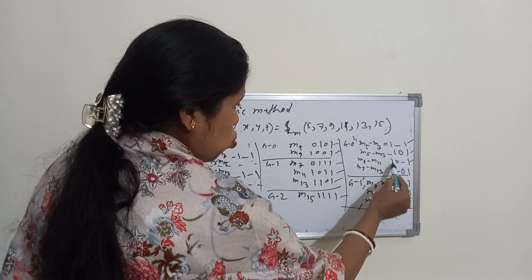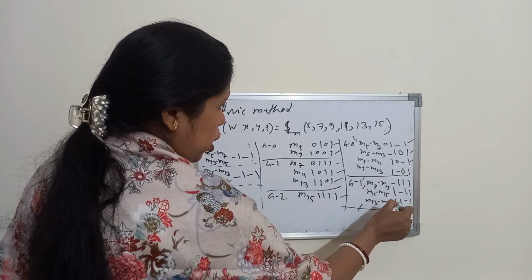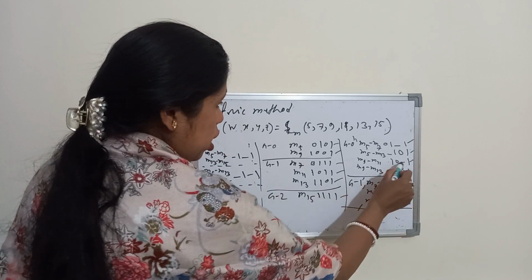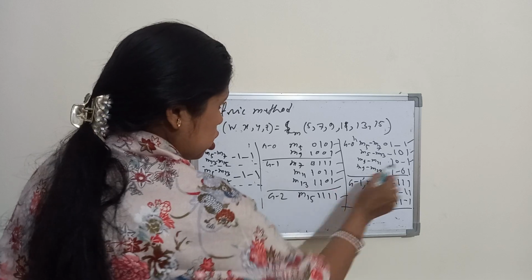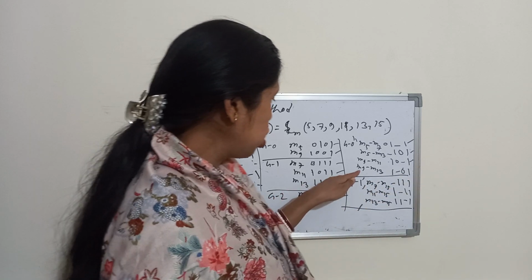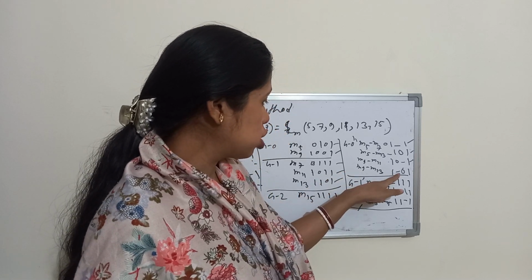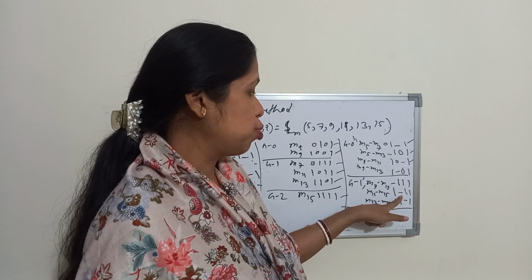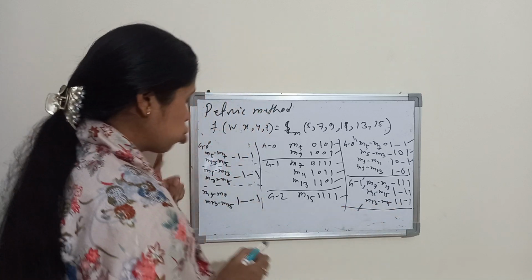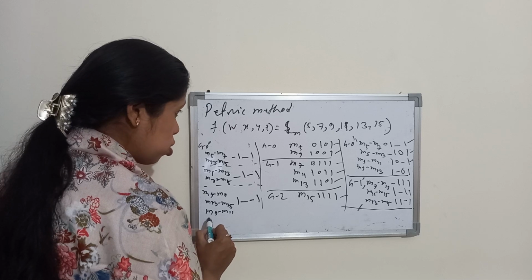So 1, 1, 0, 1, here we have to put a dash. Again dash, dash, then 1, 1. Now come to this one. For that I have to check this with this one, because here also the second position has a dash. Here also the second position has a dash. This should be matched, M9 and M11.